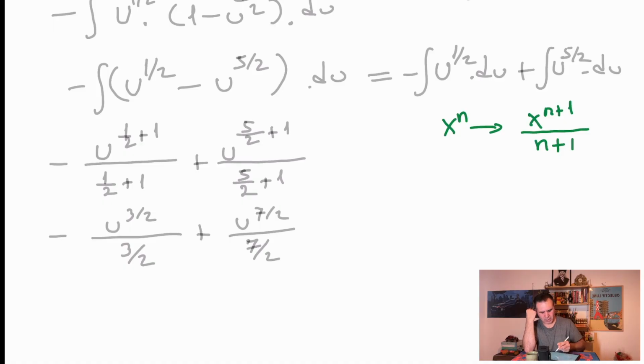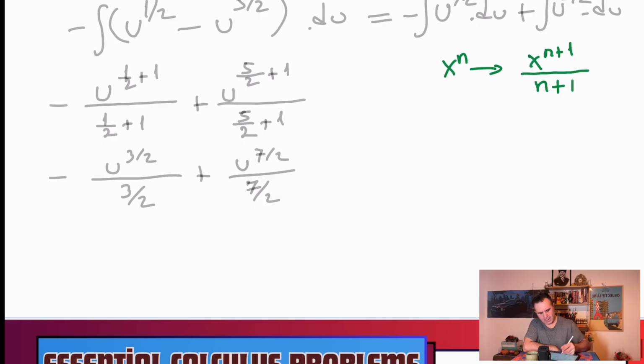And we will take the reciprocal of 3 over 2 and 7 over 2 and multiply.